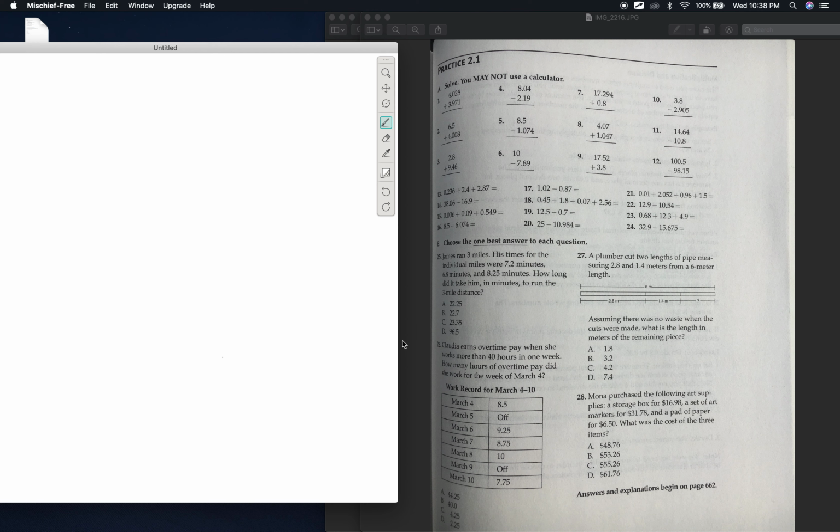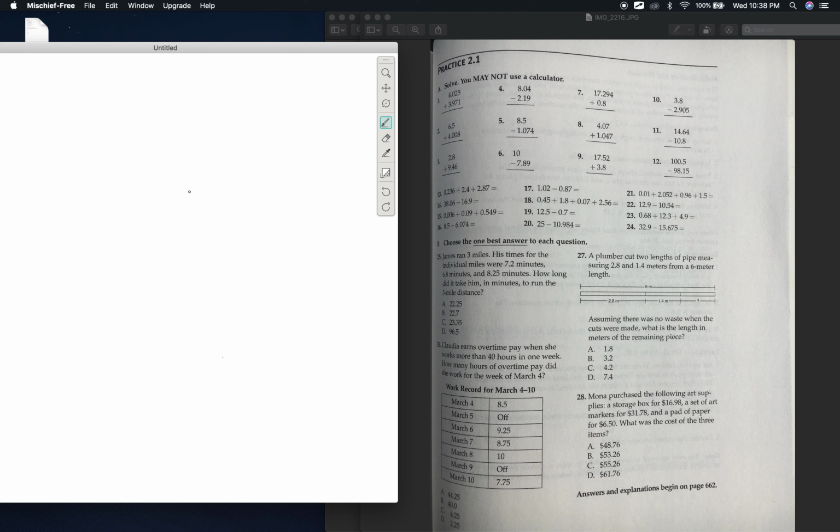Let's see. Okay, so we have this whole week here, and it's asking how many hours. So, wait. Did she work for the week of March 4? I guess that's what it's trying to say, this whole thing here.